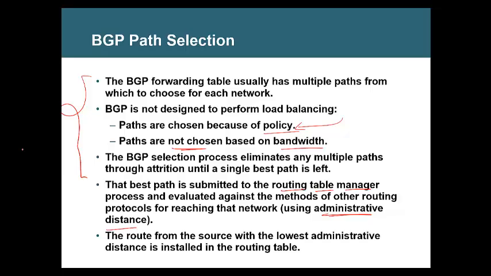Based on the administrative distance, the routing table manager will decide whether to consider the BGP given route or the OSPF given route. If OSPF and IBGP provide a route for the same destination, then OSPF is going to be preferred.